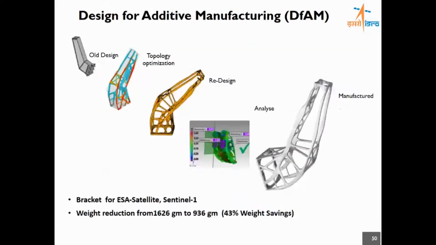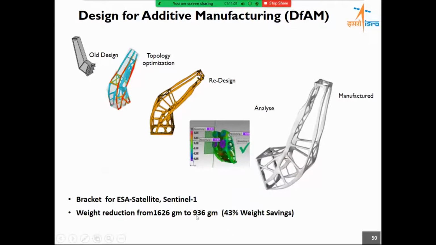So here is one example of a bracket in titanium made by ESA for the Sentinel-1 satellite. So the initial design was this, wherein it was weighing some 1.6 kilograms, and after doing a topology optimization, they could achieve a weight savings of around 43%. So in case of these space-borne structures, every kilogram of weight saved can lead to a savings of $20,000, because that is the cost of carrying 1 kilogram of payload from the ground to the orbit.